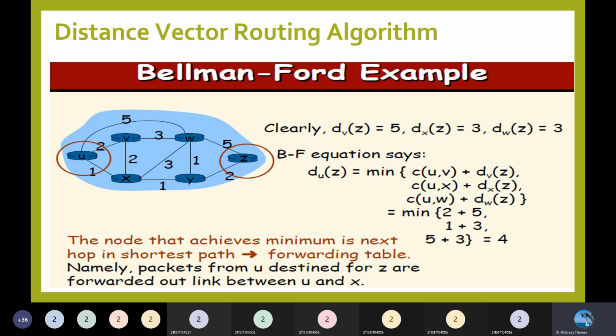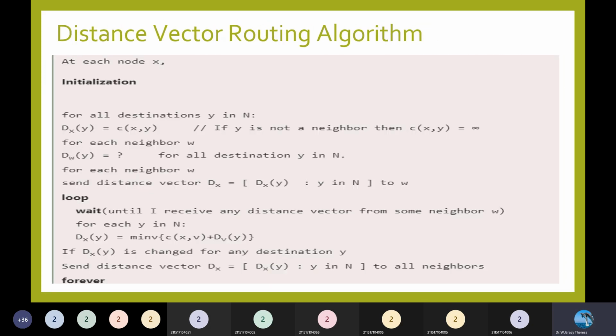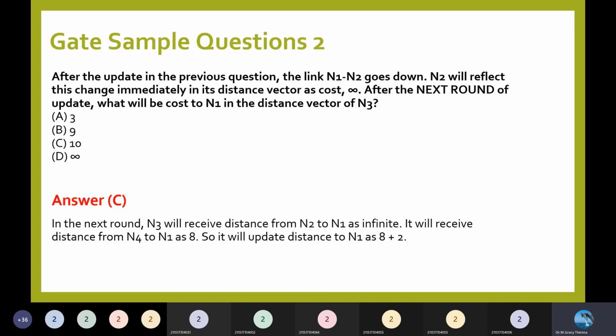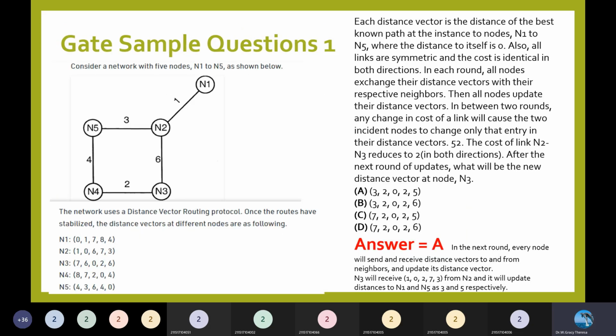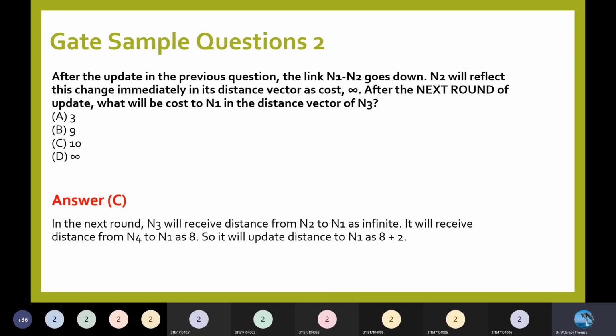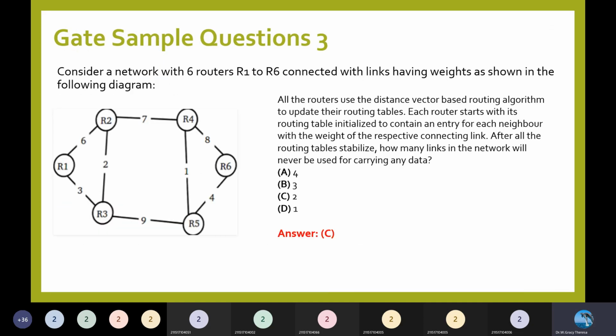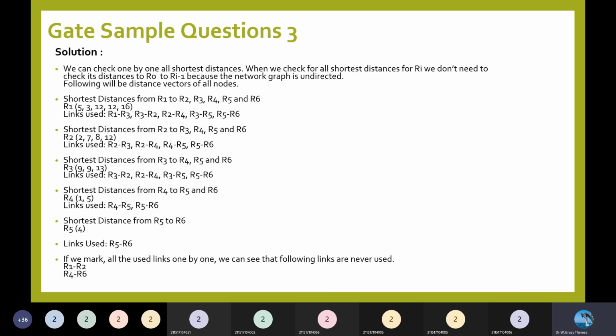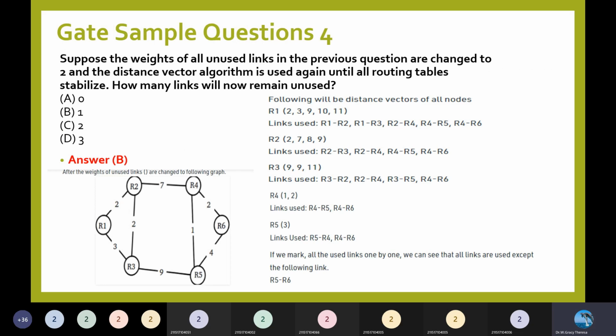Here a scenario is being given, a scenario of a Bellman-Ford example. Please be careful and listen, because in the GATE exams, the topology will be given, and based on the topology the questions will be asked. Every question has to be solved based on the Bellman-Ford equation algorithm.